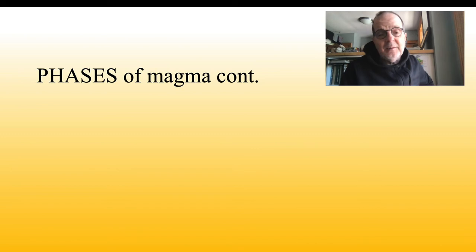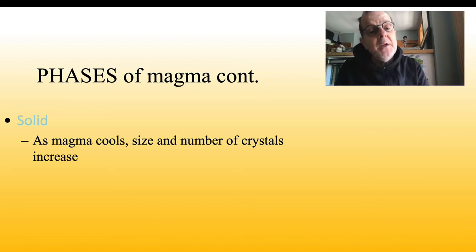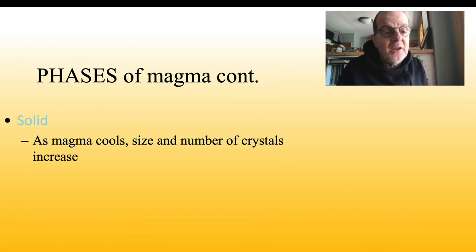Continuing the phases, we have a solid form of the lava or magma, which is determined by the rate at which it cools, therefore giving us the size and number of crystals increasing the more it cools.